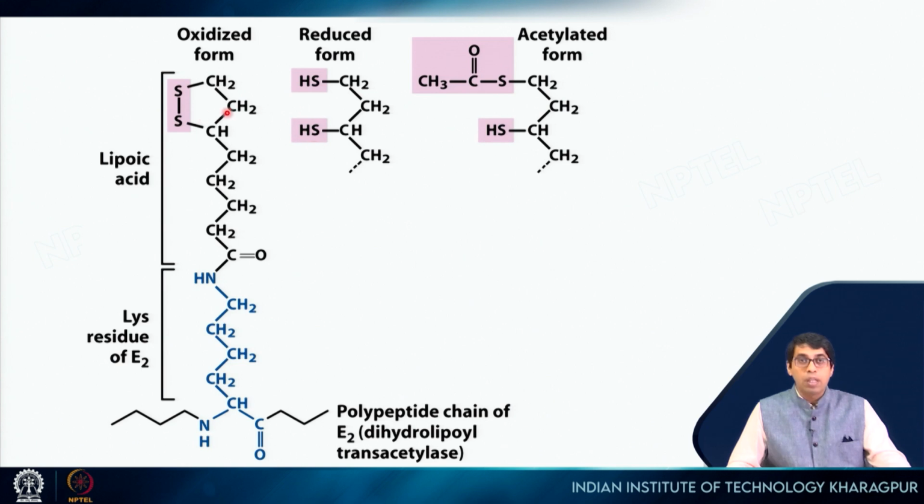So, this is very similar to the disulfide oxidized and reduced form of cysteines, right. Now, this free SH can take up the acetyl group from the acetyl coenzyme A to form this acetylated form. So, we will see all these 3 in the reaction that is catalyzed by this pyruvate dehydrogenase complex.